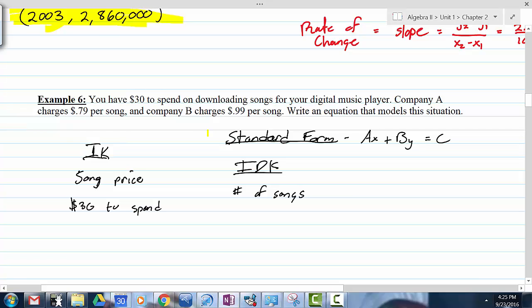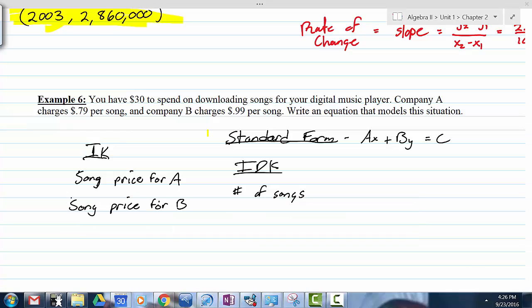Let me be a little bit more specific. What I do know is the song price for company A and the song price for company B. The song price for company A was 79 cents, and for company B it was 99 cents.